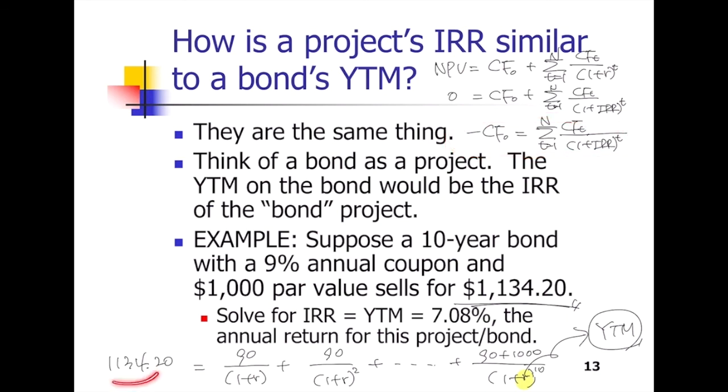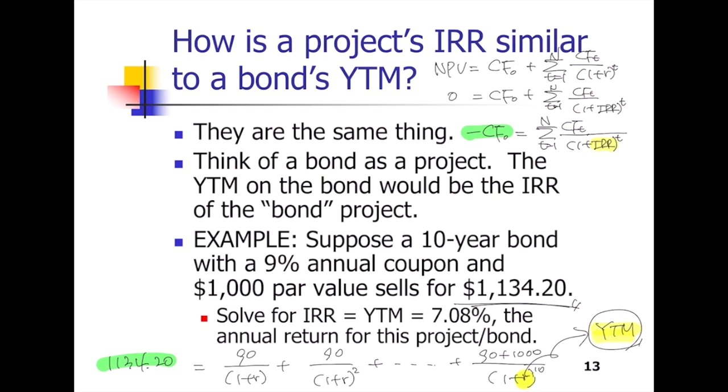The price of the bond is similar to the initial cost, and the IRR looks similar to the yield to maturity. Let's highlight here and here, and IRR and yield to maturity here, right?